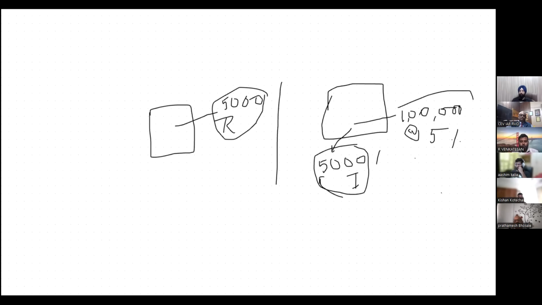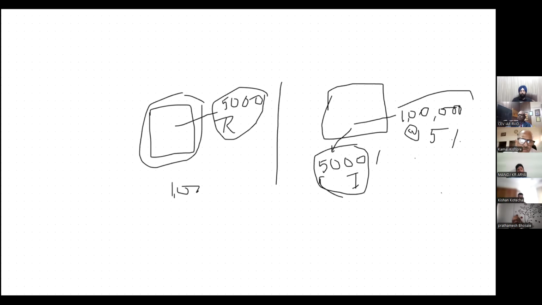What should be the value of your investment, which is giving you the same return? The rent gives 5,000 rupees and the bank gives 5,000 yearly interest. What should be the value of your building? It should be around 1 lakh rupees only. So, how do you calculate it?